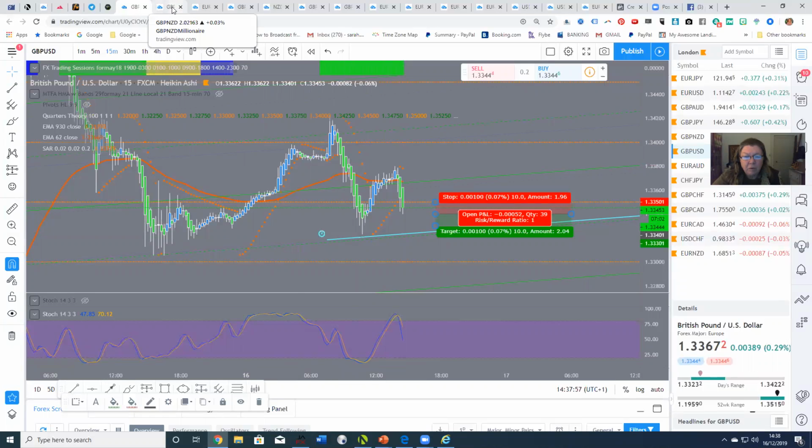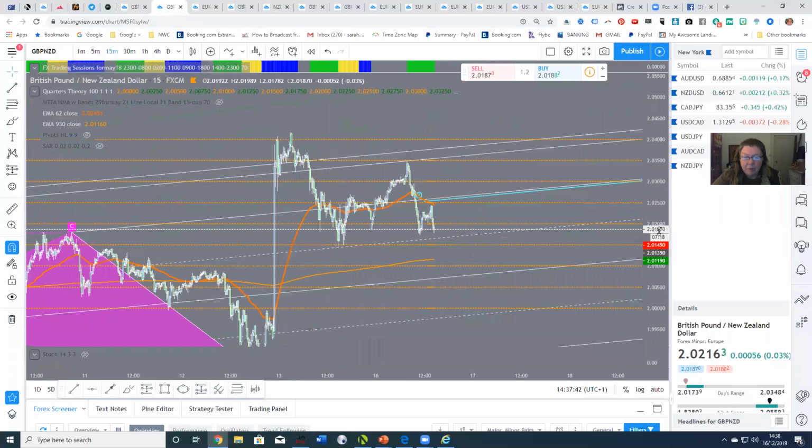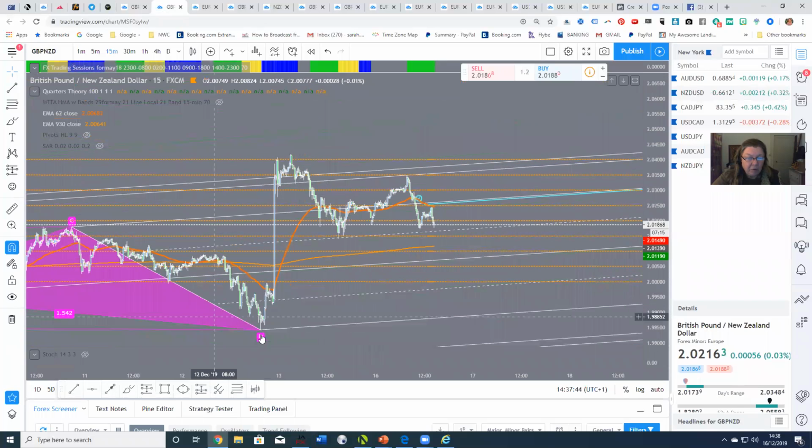Right, GBP. So I'll just put demo against that 1 to 1. GBP NZD 15 minute. Just let me look at it from the Harmonic Scanner point of view. We had a D point here on the 12th. This is the 400 pip spike on the election. 1, 2, 3, 4.